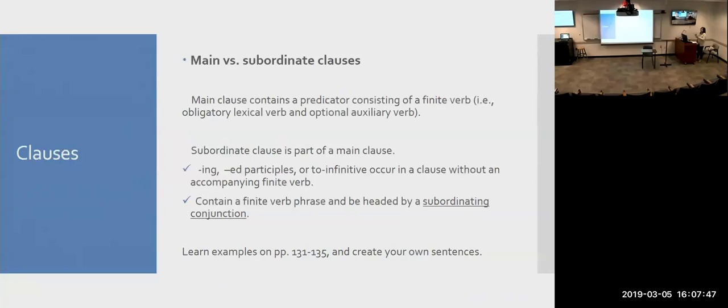Who did the important task? It modifies the person, right? Specifically, we call it a relative clause.